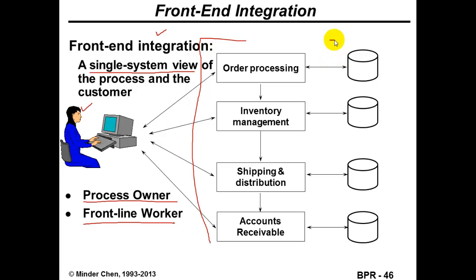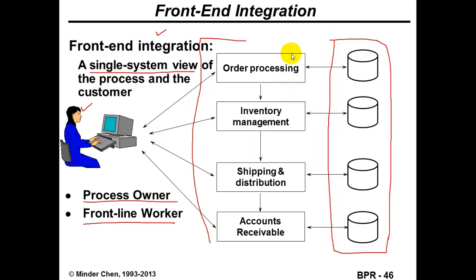At the back end, it can be a single database or multiple databases, and we may use different applications or an integrated ERP package, enterprise resource planning package. The important thing is that we need to integrate all those activities with a single integrated viewpoint.